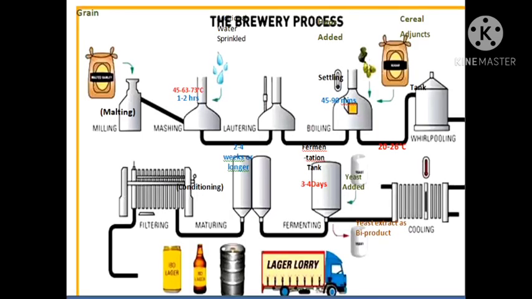Before this, we have to go one by one. You can see here that it would be very clear. In the production of beer, there is malting. You have to take the grain, malt it, and add some water and boil it.